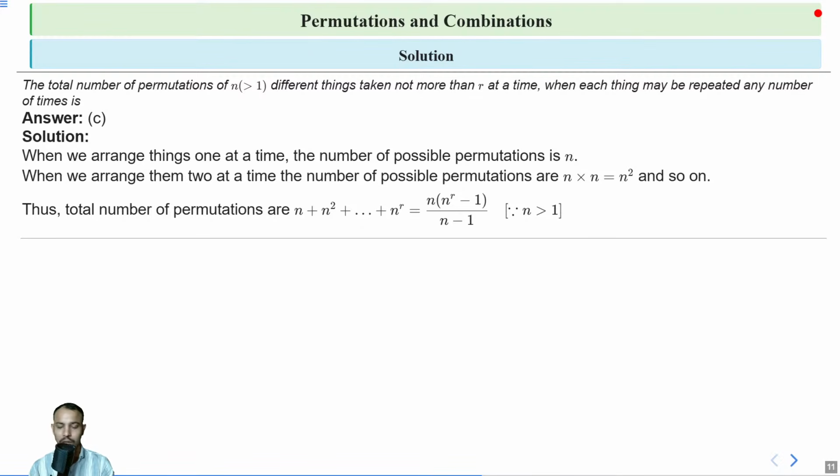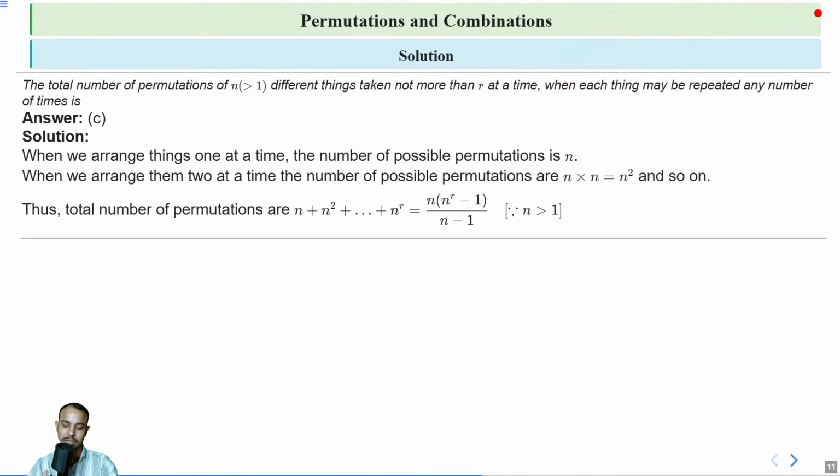Okay, very simple. You can easily understand what we have done here. First we arrange things one at a time. In that case the number of possible permutations is n, and after that we arrange them two at a time. In that case the number of possible permutations is n times n equals n squared. Okay, and so on. Then we added n plus n squared plus dot dot dot plus n to the power r, and then we get the total number of permutations.